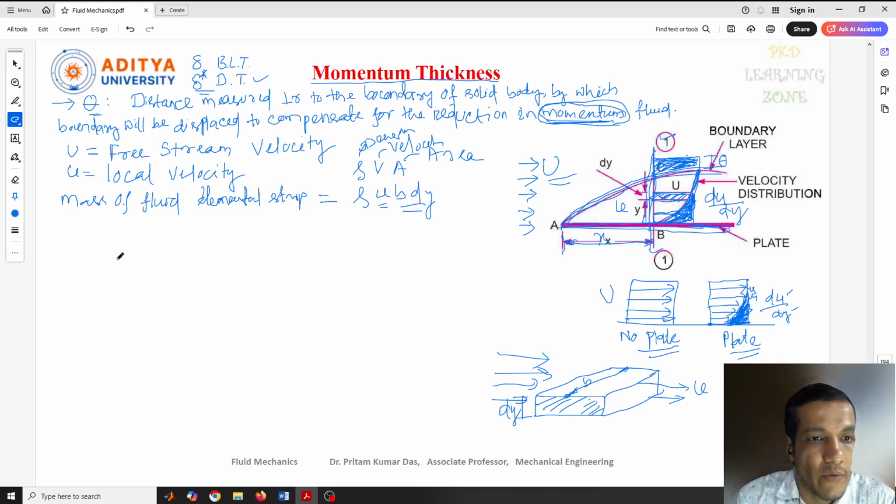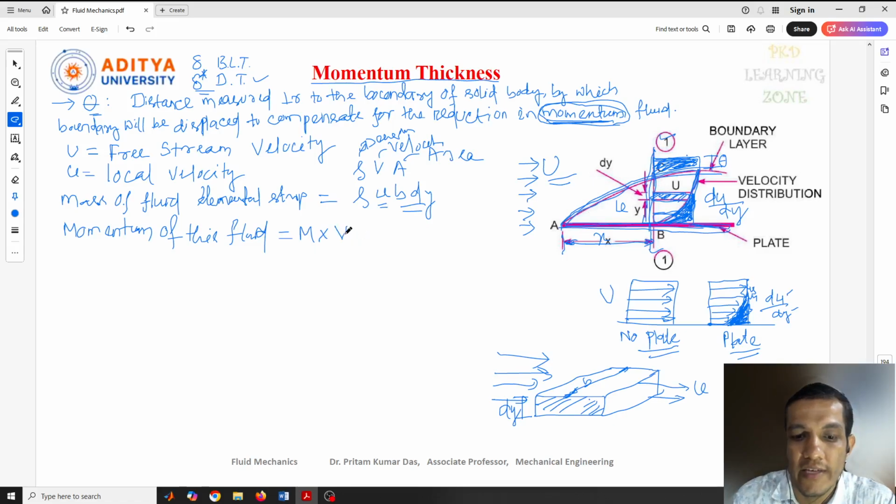Now we need to calculate again. We are discussing the momentum, the reduction in momentum. So let's write down the momentum of the fluid. Momentum is mass into velocity. The velocity here is u.